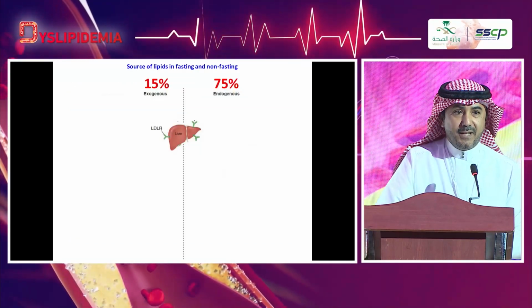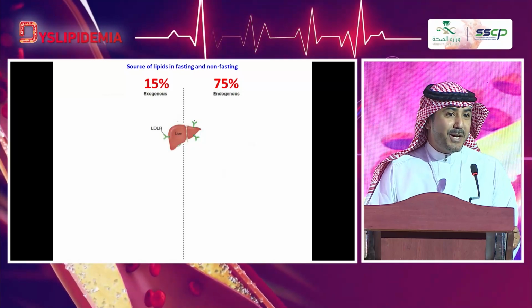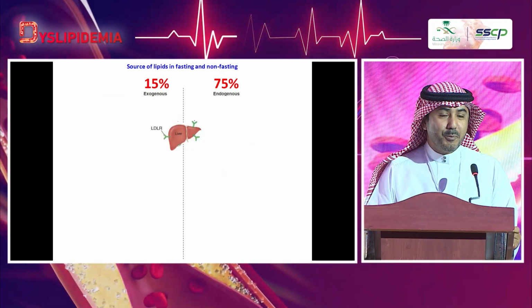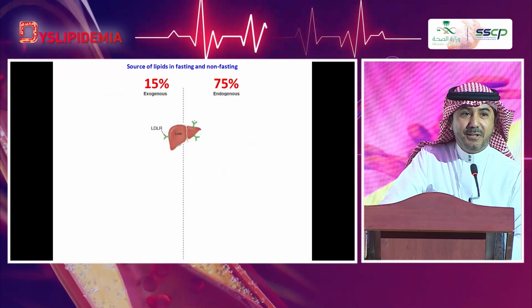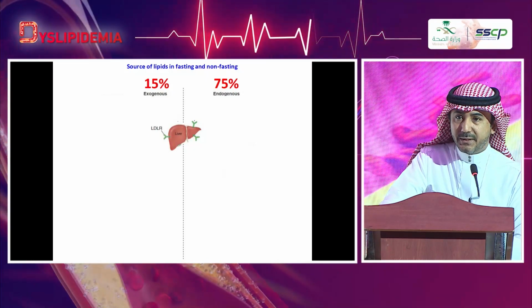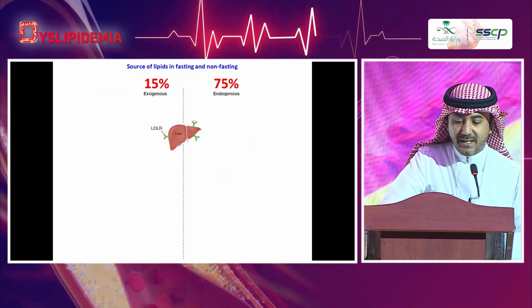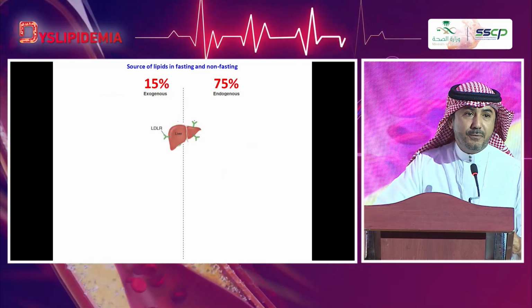So again, as a clinical biochemist, I have to start with lipoprotein metabolism in short. As you all know, the source of lipid in the blood comes from endogenous and exogenous sources. The exogenous source contributes only 15%.